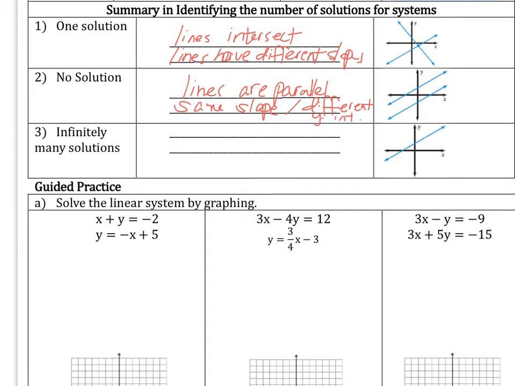And for a system with infinitely many solutions, the lines coincide, meaning they overlap each other completely. And then they would definitely have the same slope and the same y-intercept.